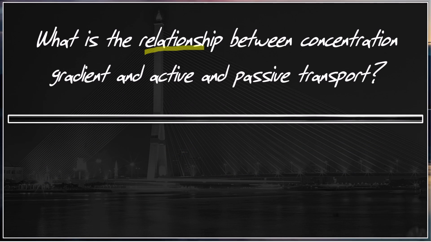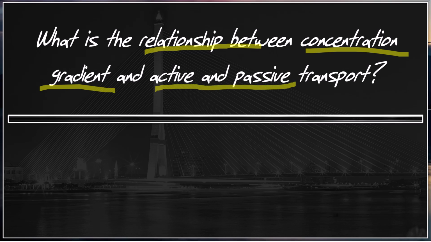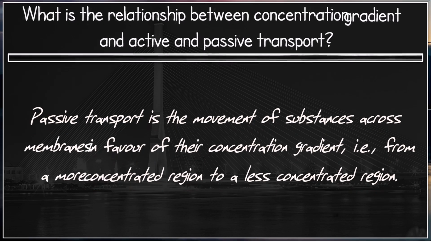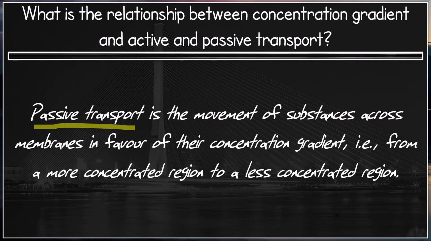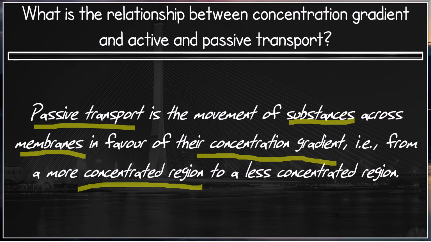What is the relationship between concentration gradient and active and passive transport? Passive transport is the movement of substances across the membrane in favor of their concentration gradient, for example, from a more concentrated region to a less concentrated region.